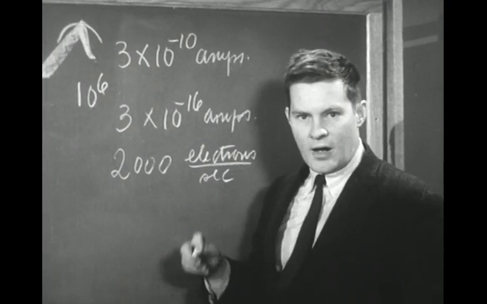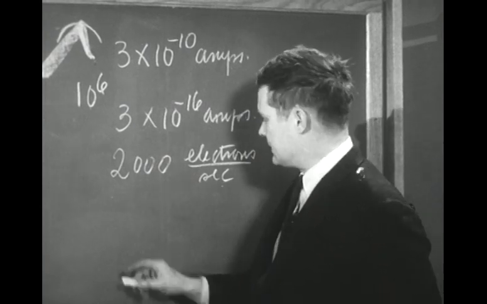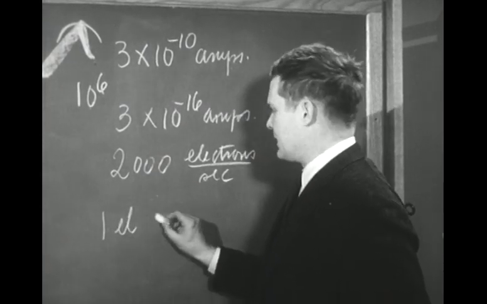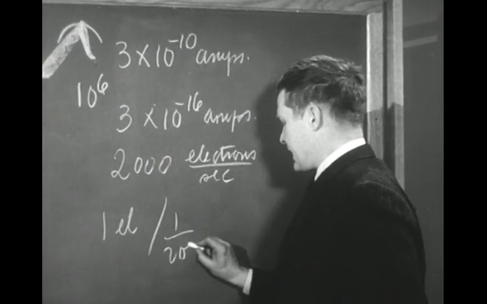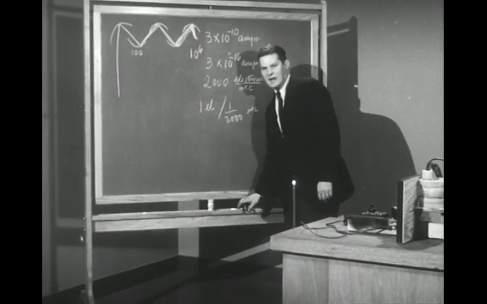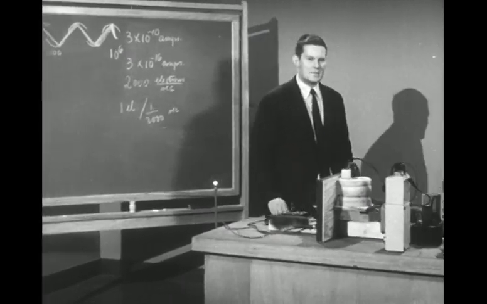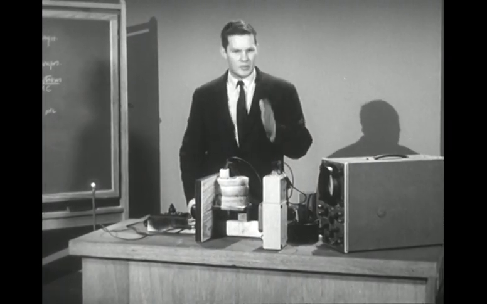Which means, on the average, 1 electron every 2,000th of a second. Now this is just the same sort of statement as 1 quart of milk every 10 seconds. Now when the milk came in bulk, we always had to wait a full 10 seconds after the gate opened before we had our quart.